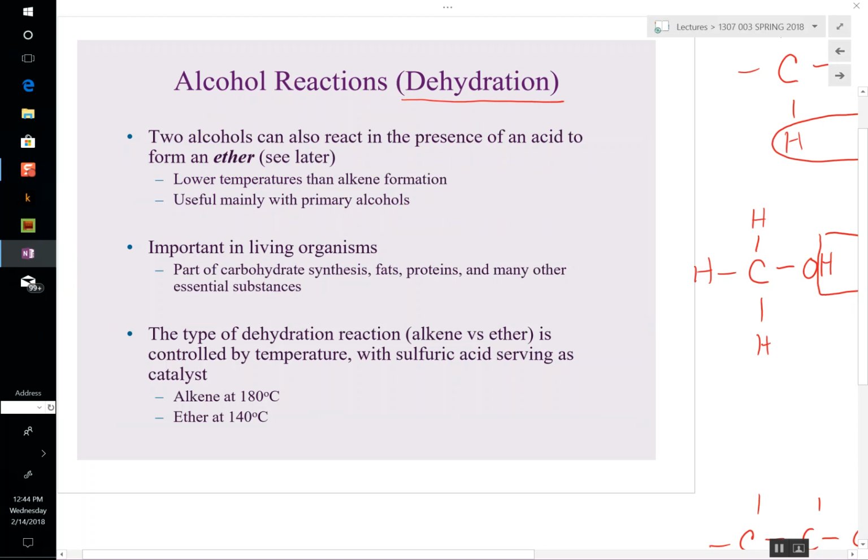But all this slide is pointing out here is if we had something like ethanol, this molecule can undergo both kinds of dehydration. You can dehydrate it there and form an alkene, or you can condense it on another molecule and get rid of a water.